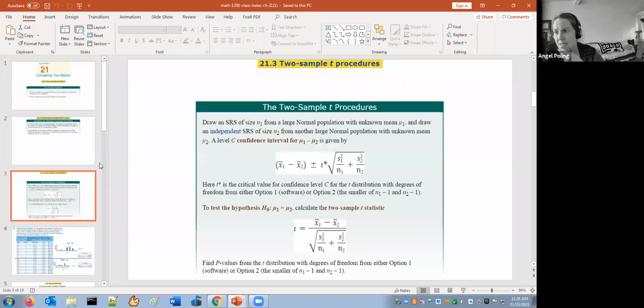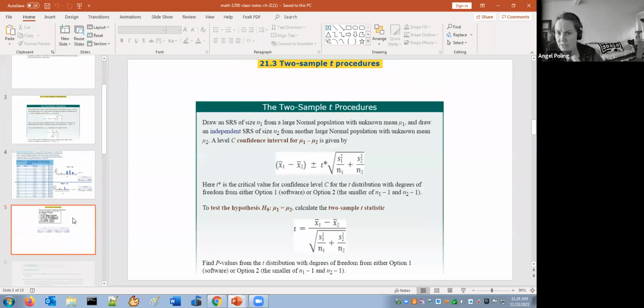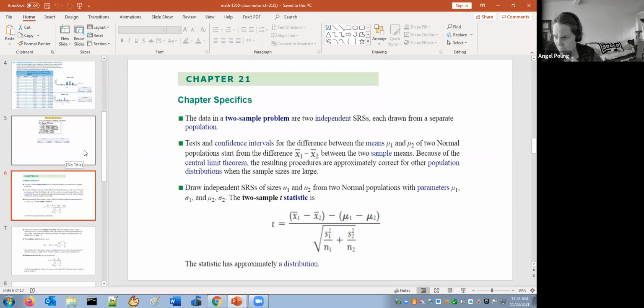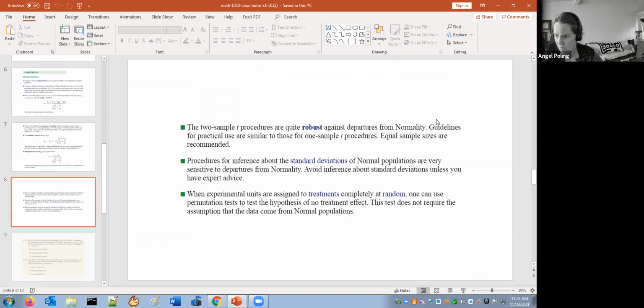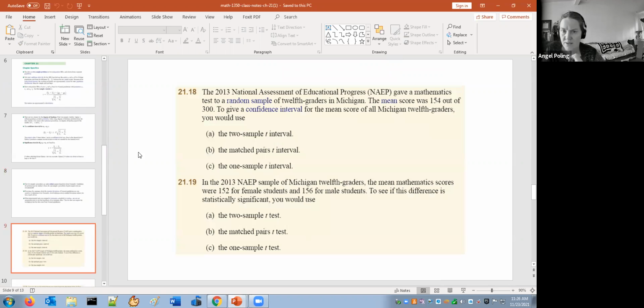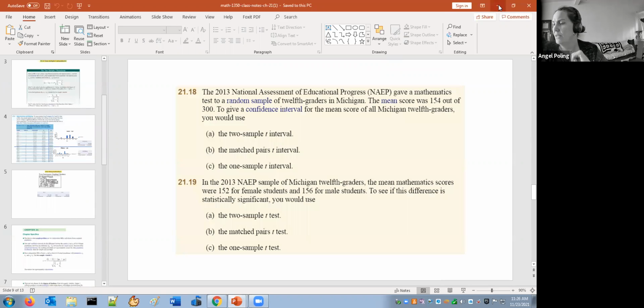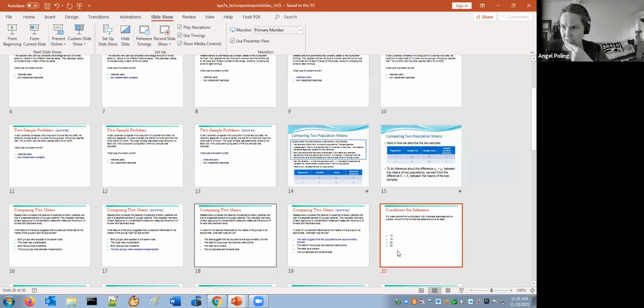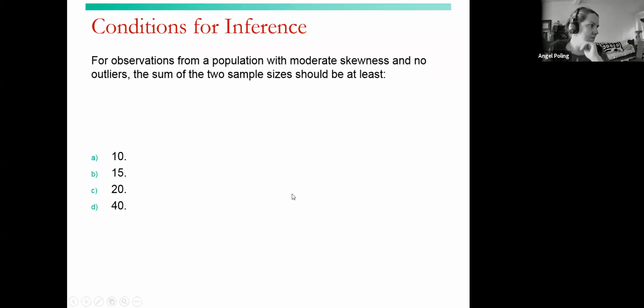They're asking us about the size, right? So here we have our two sample T procedures. I'm not even sure if I got the size statement here. Yeah, so that means we have to go straight to the book probably. Let's go back to the question though to see what we're looking at.